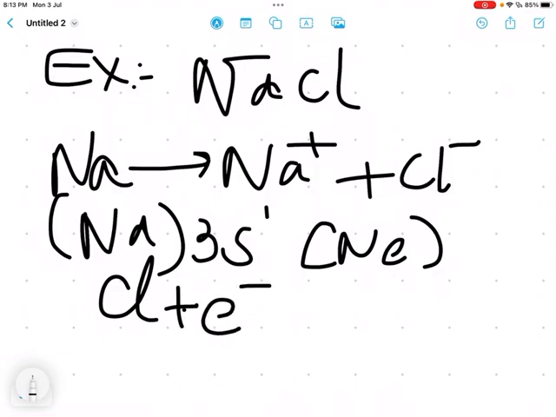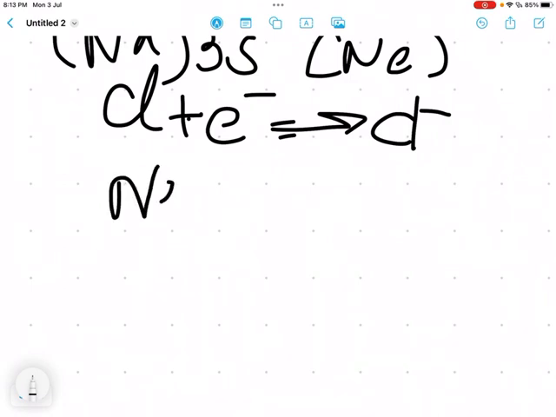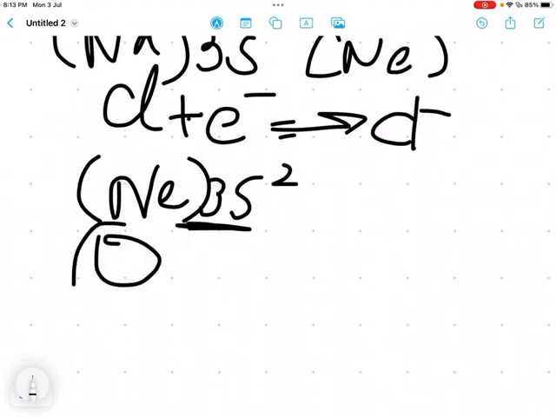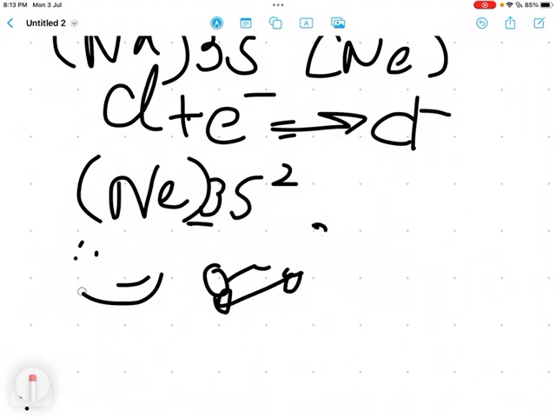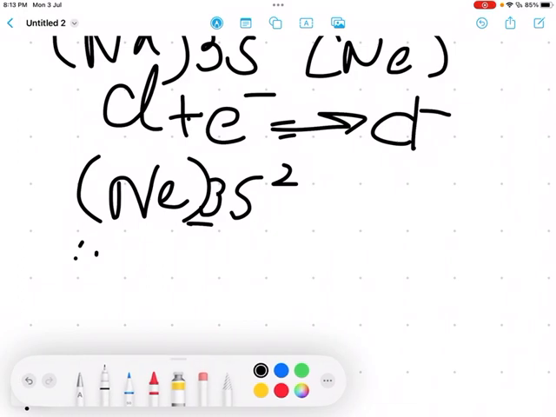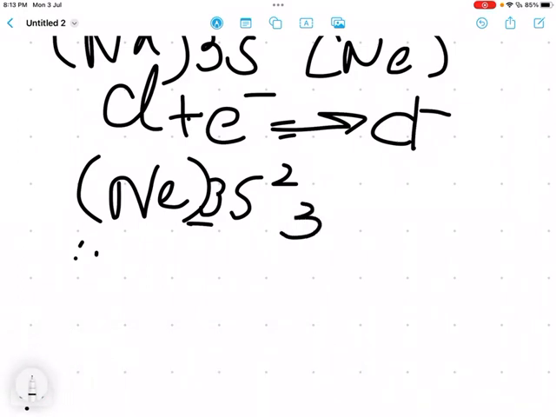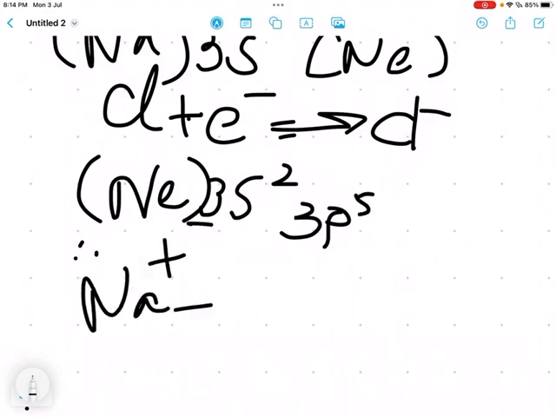The valence shell of Na plus is like Ne, and for Cl minus it is like Ne 3s2 3p6. You have been learning the Aufbau principle in the last chapter, the structure of atom, by which they teach you all this. If you want, you can comment and I will put that video also. So Na plus and Cl minus give NaCl.